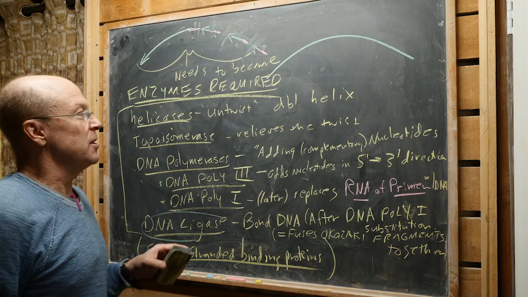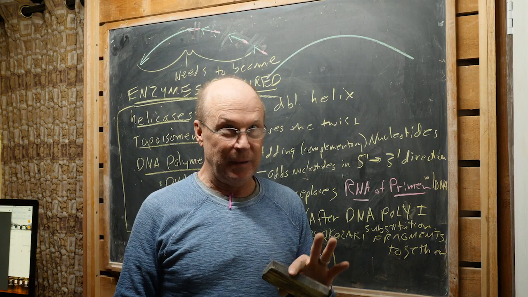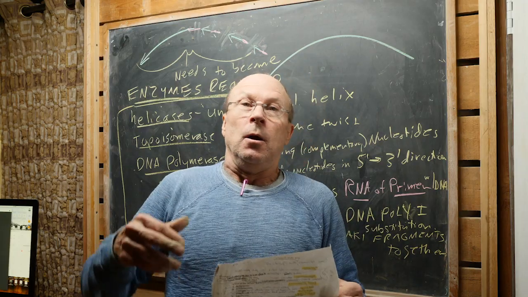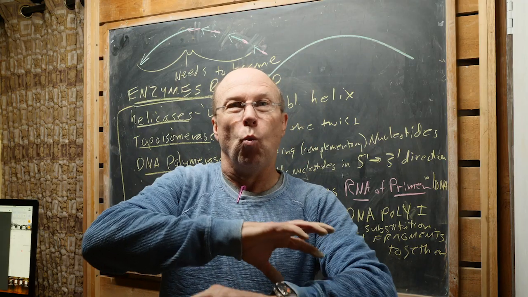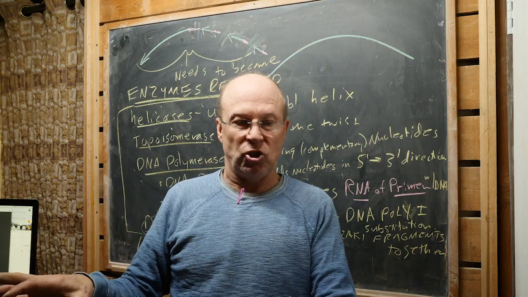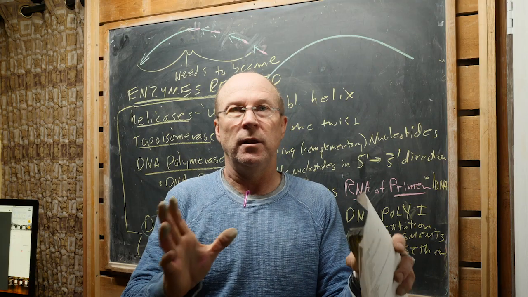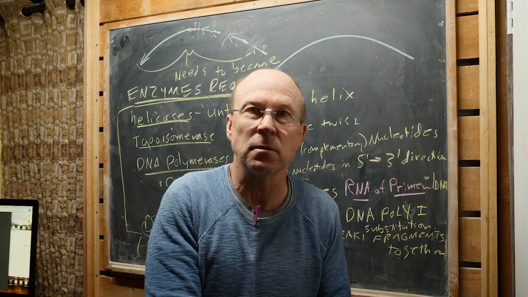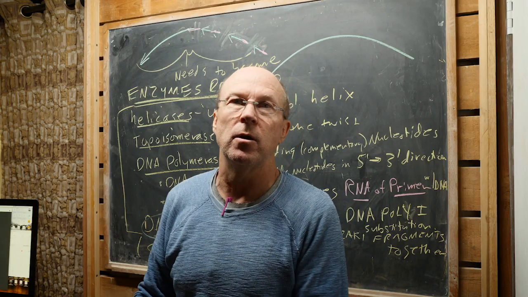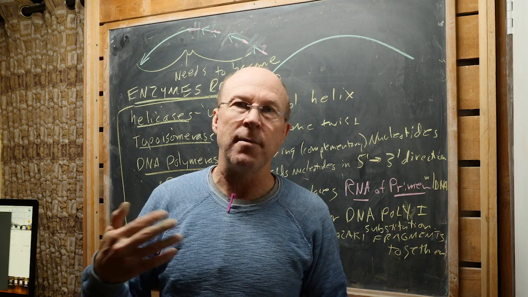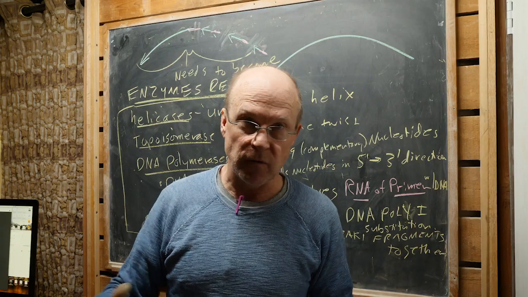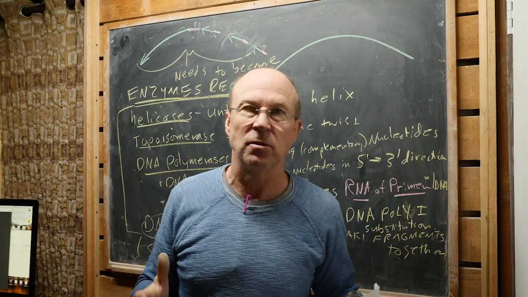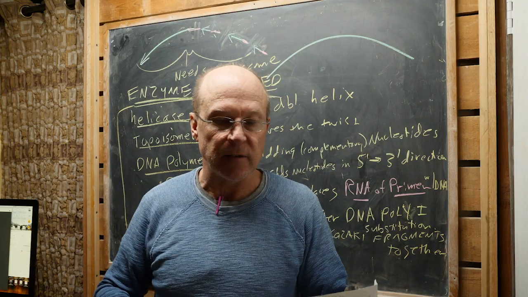Alright, so I think I'm just going to add a little bit of information to this. There are well-established divisions between the people studying prokaryotes and the people studying eukaryotes. The book is going to emphasize prokaryotes. I'm showing you a prokaryotic replication bubble and presenting it in that concept.